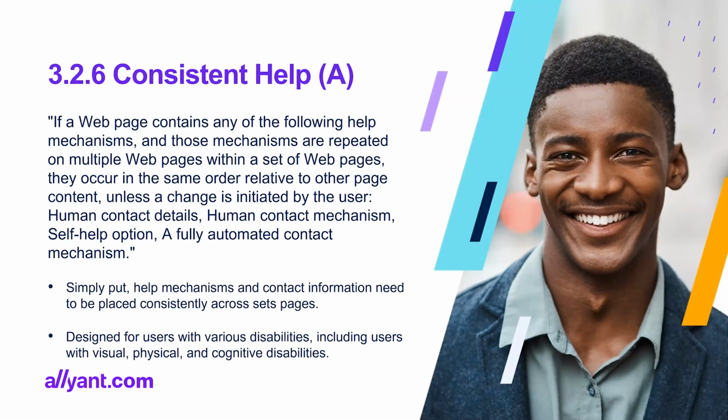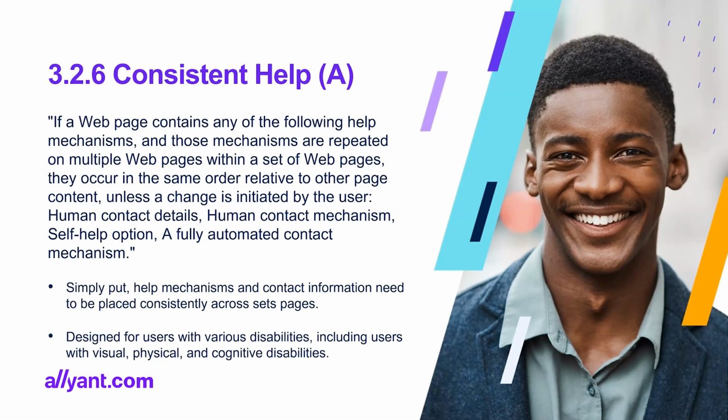So, a big caveat to this is thinking about sets of pages. What it talks about is that the help information should be provided consistently across sets of pages. What constitutes a set of pages is potentially a source of debate when it comes to this success criteria.